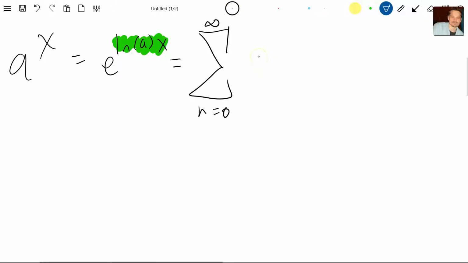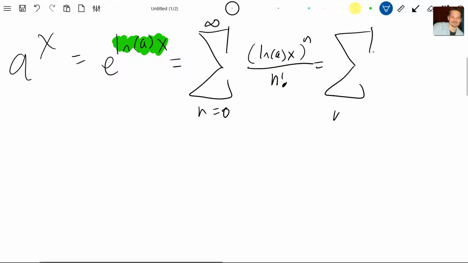That gives me, within parentheses, ln a x raised to the n over n factorial. Let me clean that up a little bit. So the summation from n equals 0 to positive infinity of ln a to the n, x to the n over n factorial.